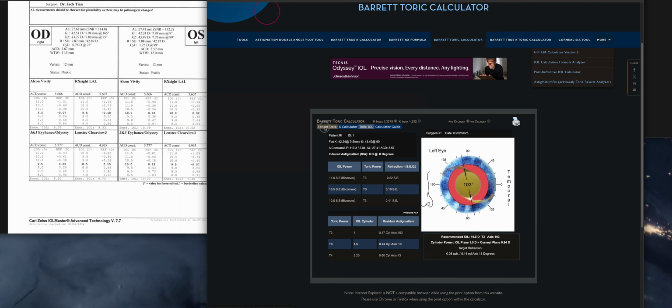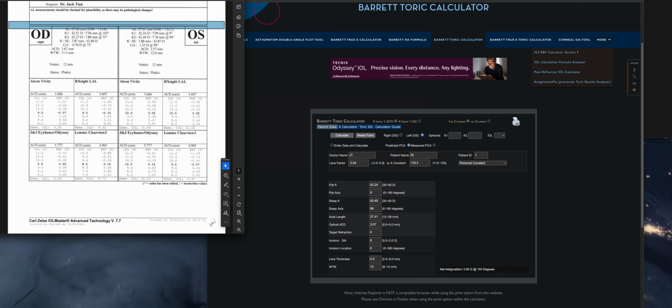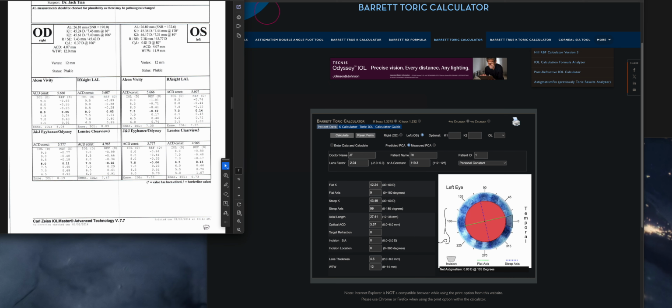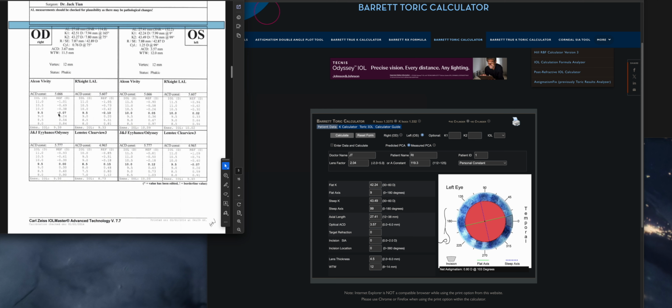All right, and then back to patient data. We're going to move on to the next patient. All right, and by the way, you can tell, right? The last two lenses we calculated were 10.5 and 10. Obviously, the Holladay 2, or just the original Holladay, is probably what this formula is.